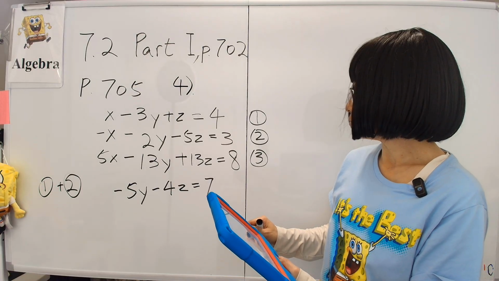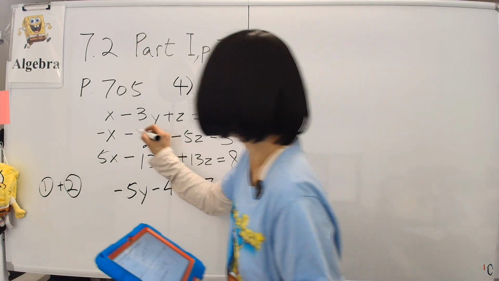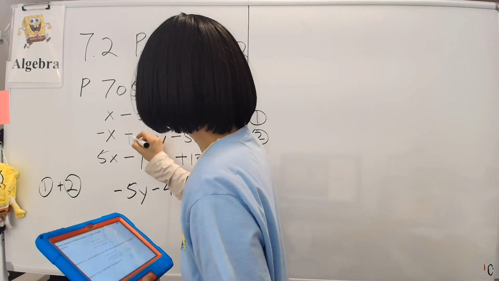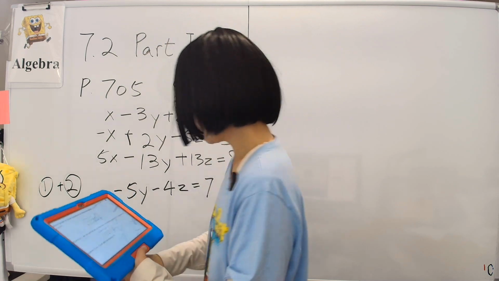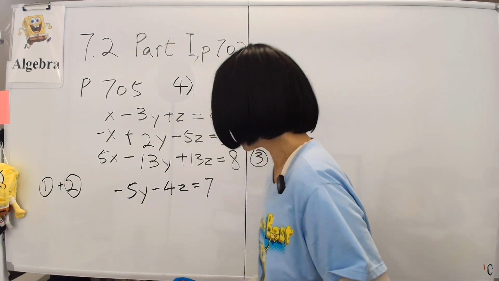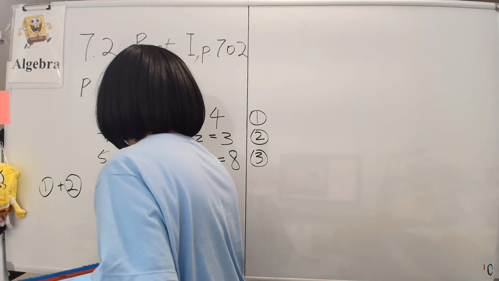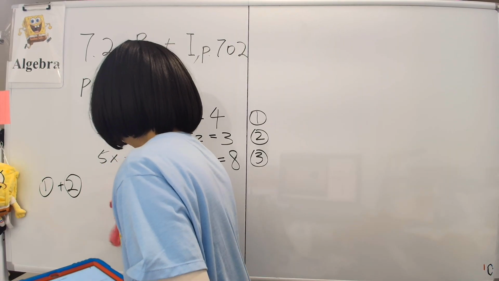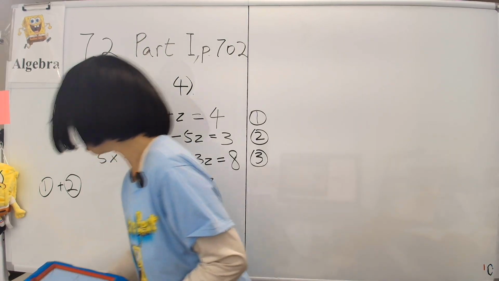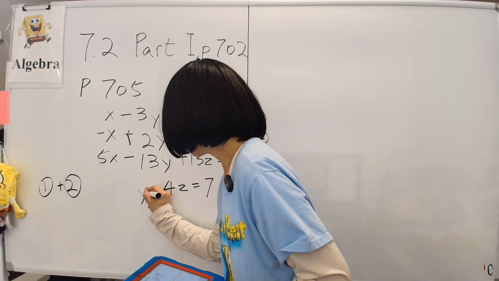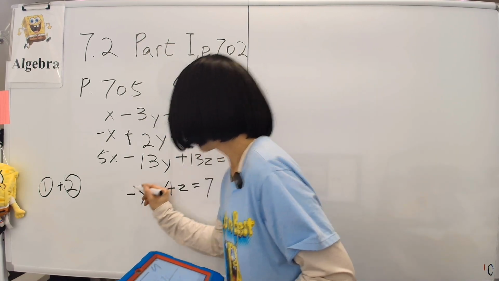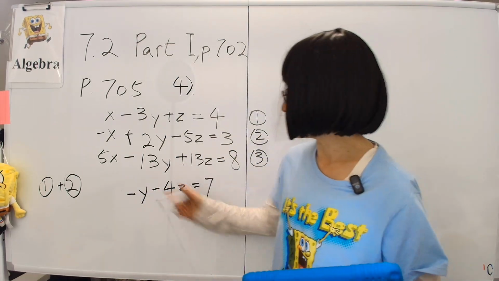Why? Oh, negative x plus. I didn't see that. This is a plus. Then it's not minus 5y, it's only minus y. That's a good thing I noticed. I'm keeping track of this. See, I'm checking myself at every point. That way I don't mess up, because I don't want to waste too much time messing up here.